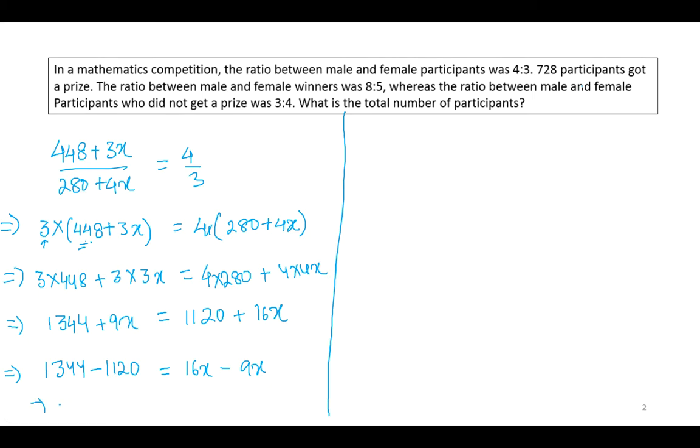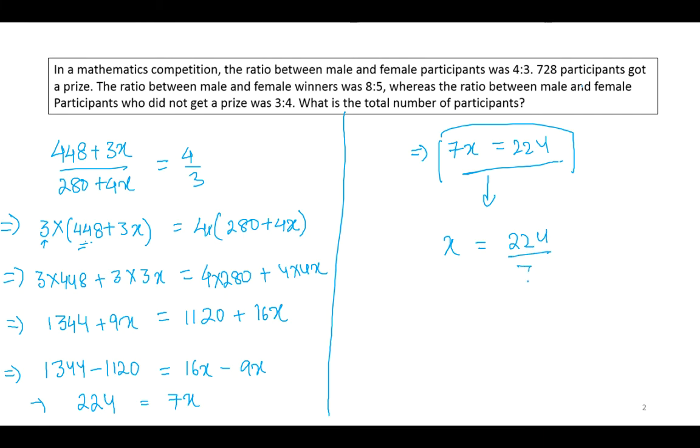This will come out to be 224 equal to 7x. Okay. Now we can go ahead and find the value of x, right? This will come out to be 224 by 7, which is equal to 32.